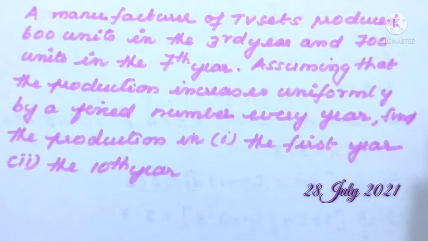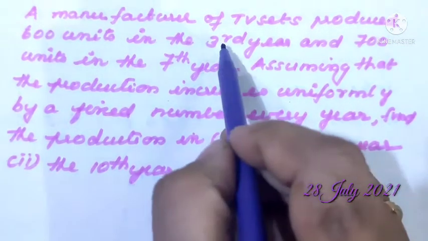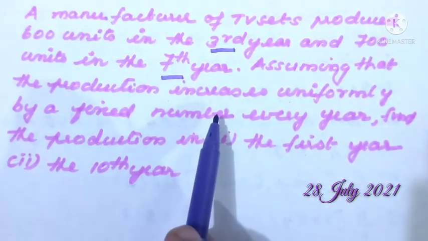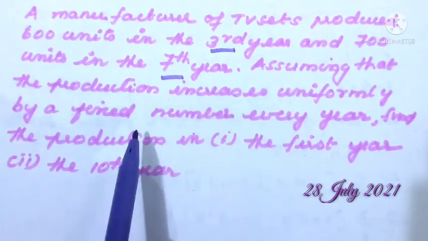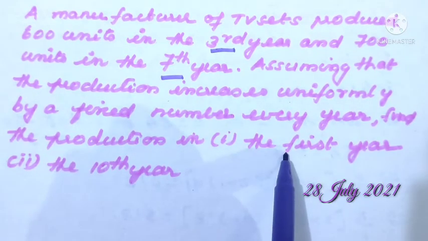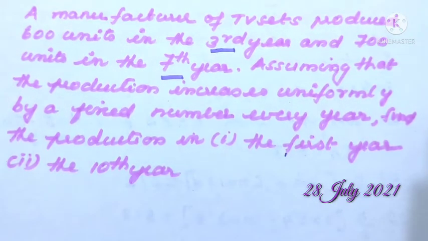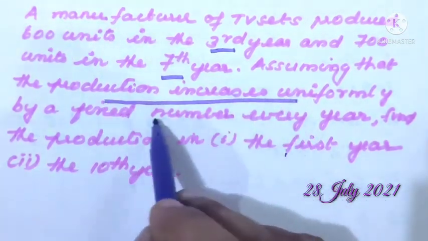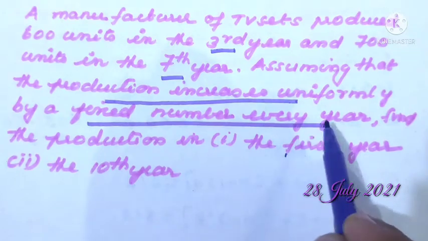A manufacturer of TV sets produced 600 units in the third year and 700 units in the seventh year. Assuming that the production increases uniformly by a fixed number every year, find the production in the first year and the 10th year. So here you can see that the production increases uniformly by a fixed number every year.